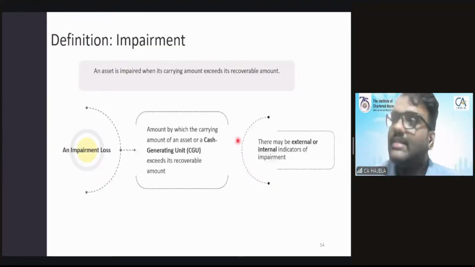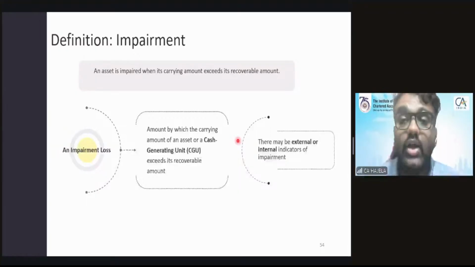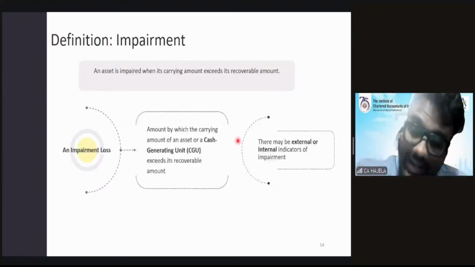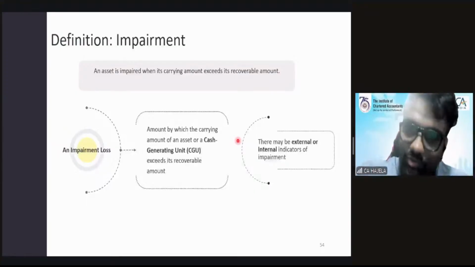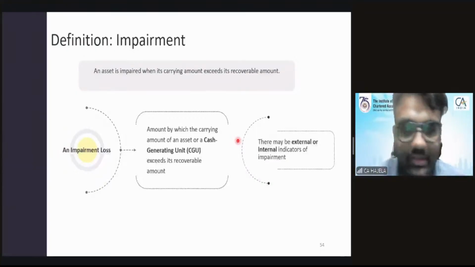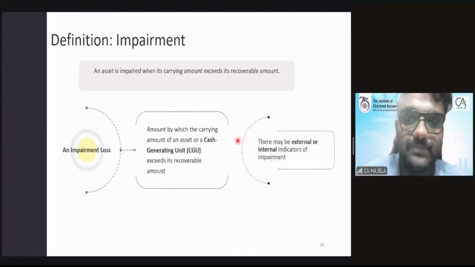One is you can sell that asset, receive the amount. The other is you can use that asset for services, for goods, for renting it out, for leasing it out, for using it in your business. 2 ही चीज कर सकते हैं हम asset के साथ. Either we can sell it to get the benefit or we can use it.